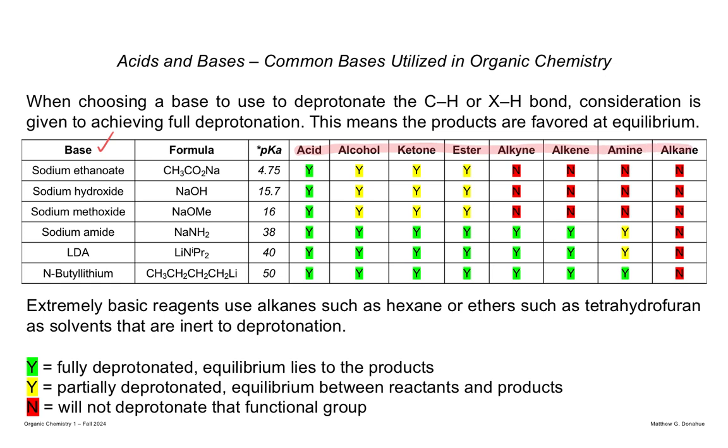The green light means yes, that base can deprotonate that functional group. Yellow means probably, it's dependent upon the conditions. Red means it's never going to happen. So if you're looking to do an acid-base reaction on a certain functional group, you go into column 1 to identify the base and see if that reaction will proceed.